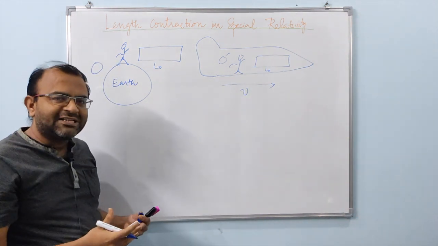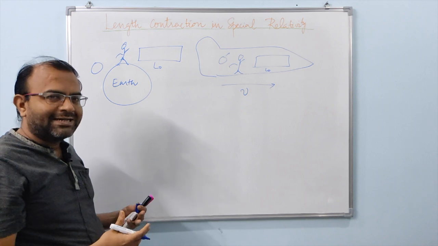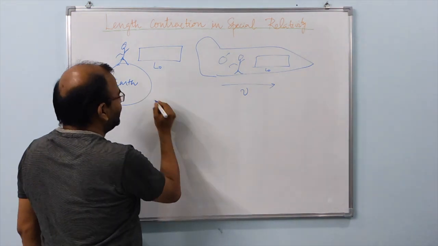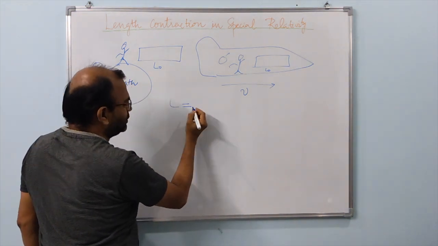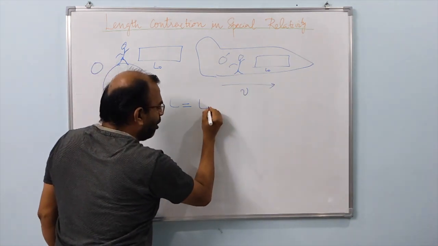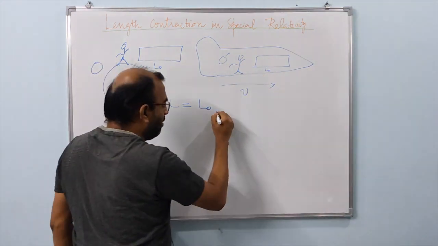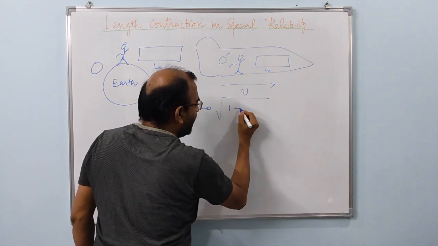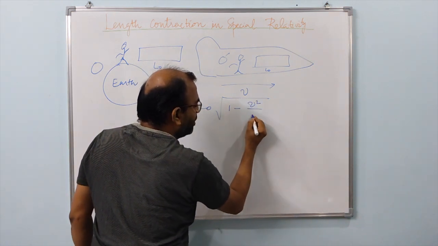Now, what is a simple expression that gives the contracted length? The contracted length L is equal to the proper length L0 multiplied by the square root of 1 minus v squared over c squared.